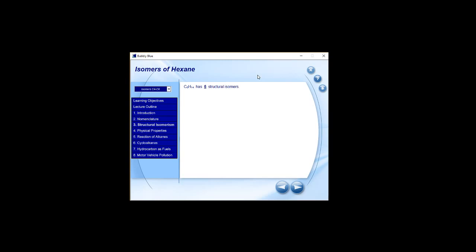Hexane can form even more structural isomers than pentane and butane. In fact, hexane can form up to 5 structural isomers.